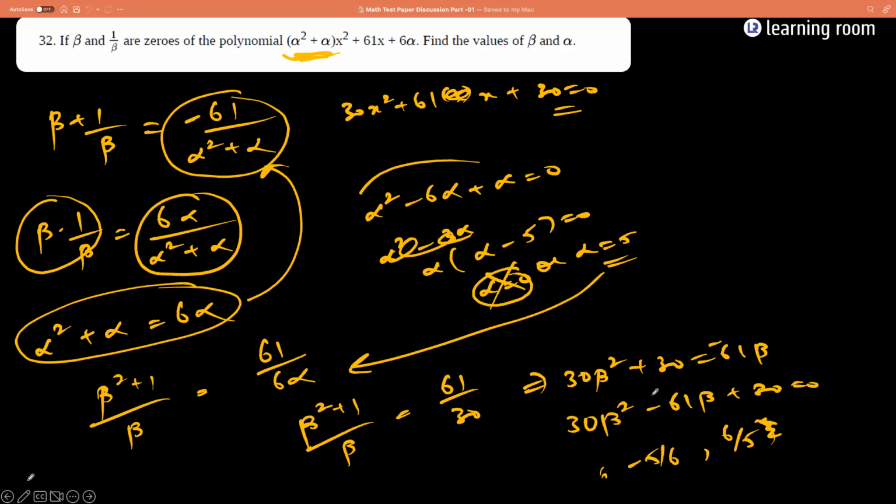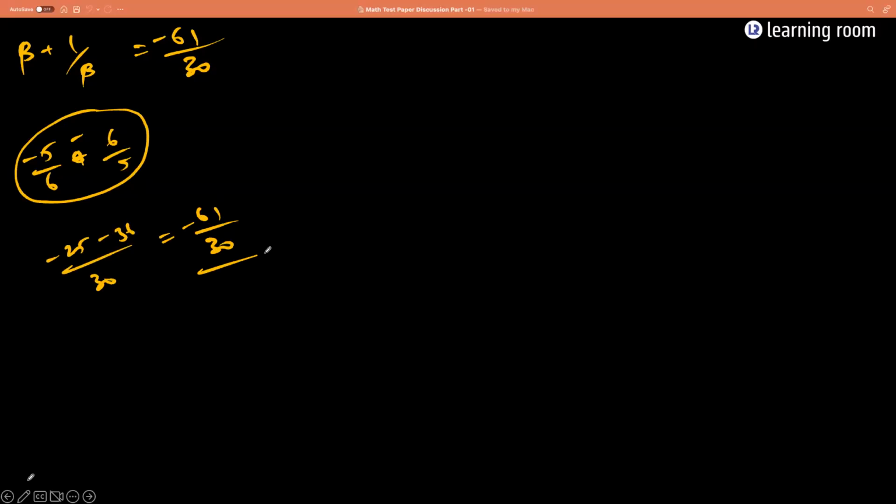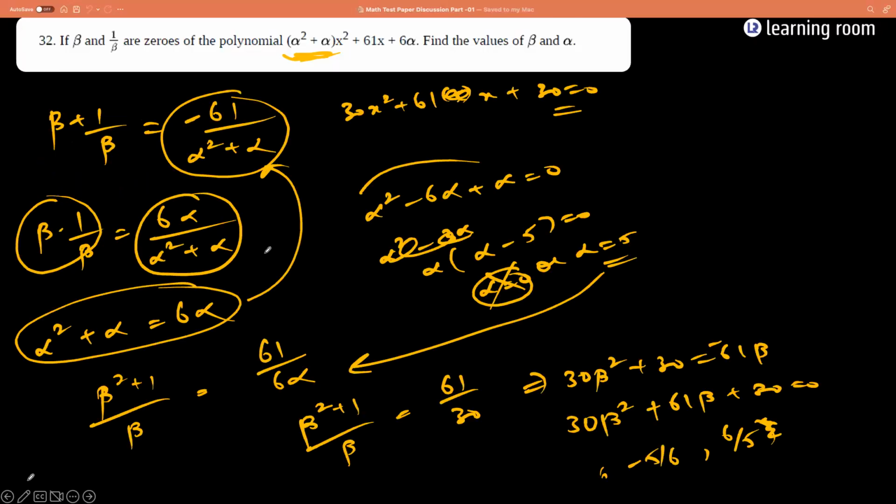Then here it should have been plus 61. Sir, I'm talking about the zeros. It's minus 5 by 6 and minus 6 by 5. So minus 5 by 6 minus 6 by 5 is how much? Minus 25 minus 36 divided by 30. It's coming out as minus 61 by 30. It's working.